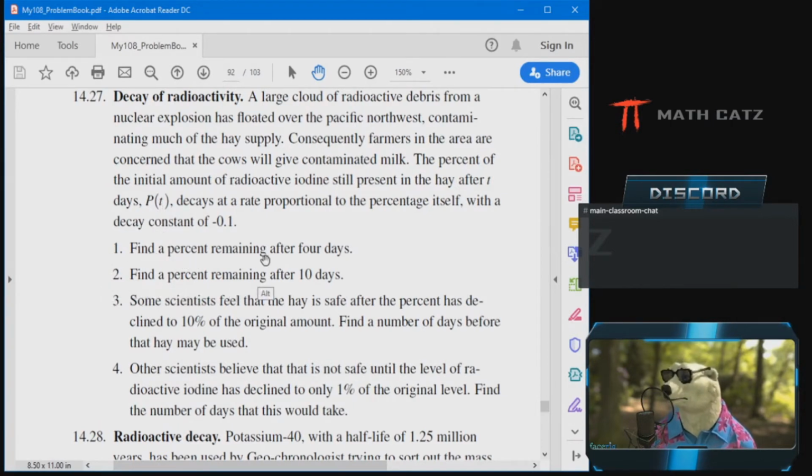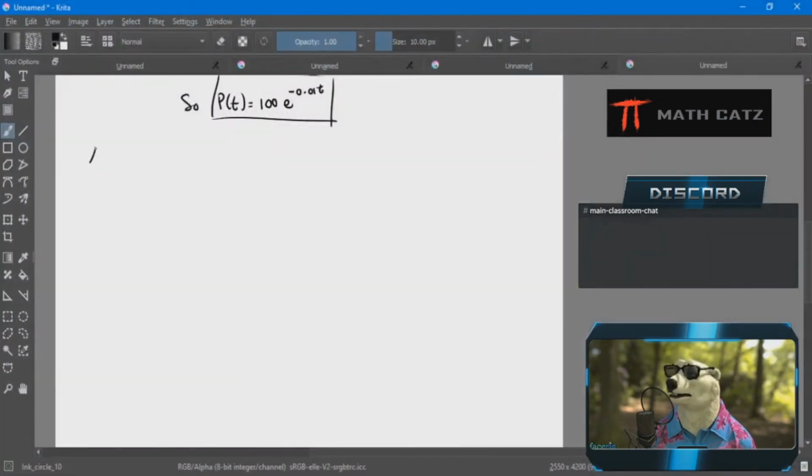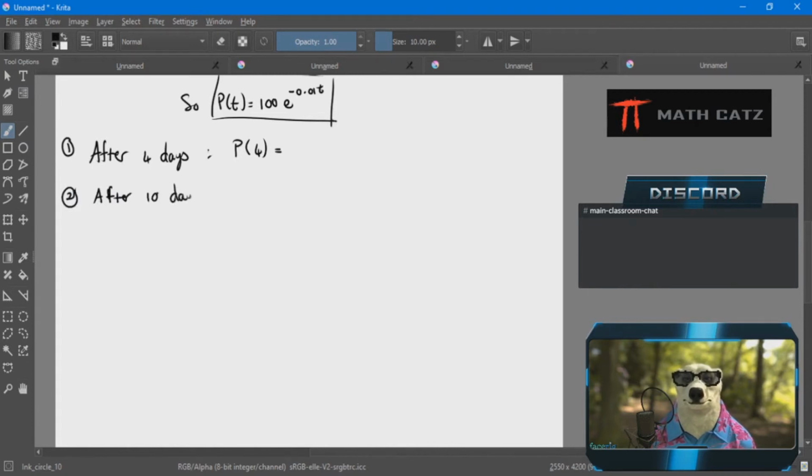Find the percent remaining after 4 days and 10 days. So I just want to see, let's say 1 after 4 days, we have P of 4. I plug it in, I get a number. The 10-day one is exactly the same, except I plug in 10. So let's do that, to not skip anything.